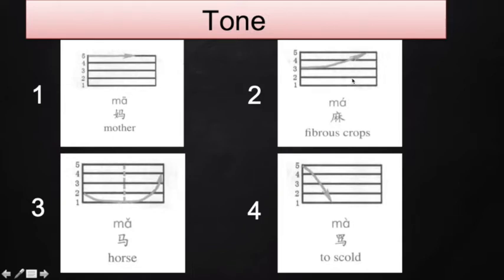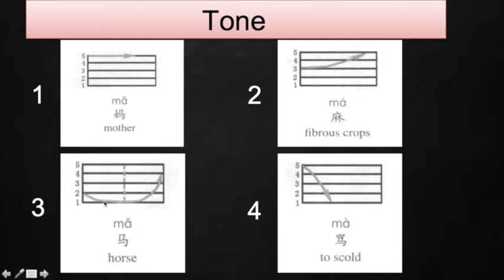Ma, ma, ma. And the third tone starts from number 2. It goes down to number 1 and it rises again to number 4. So repeat after me. Ma, ma, ma.